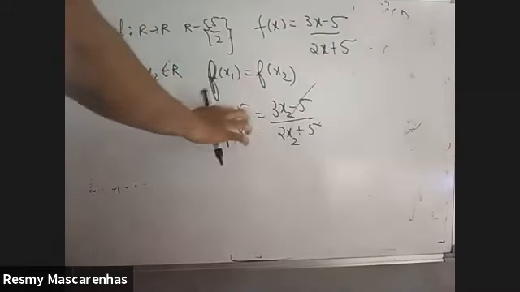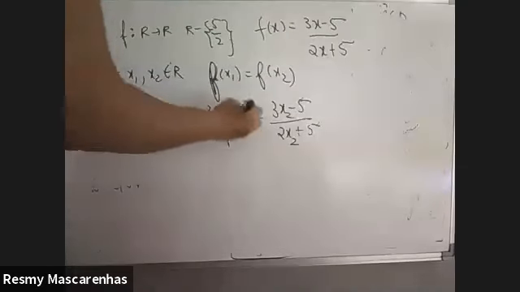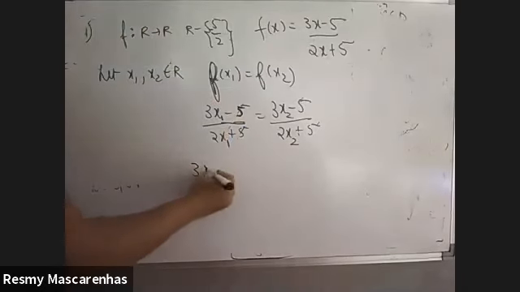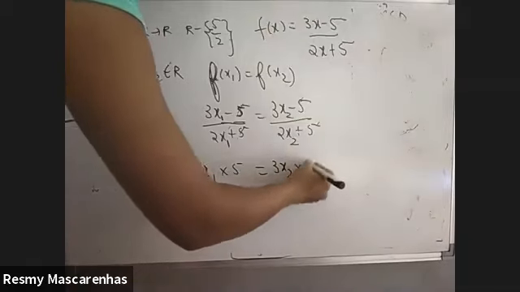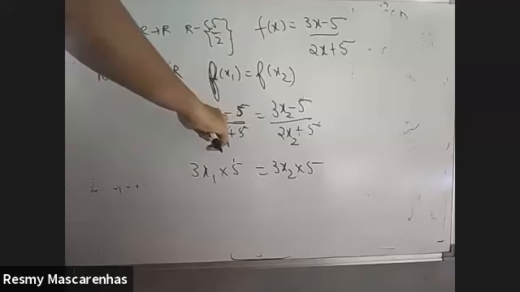First of all I want to make it clear that you cannot cancel 5 and 5 because there is a minus sign in the middle. Only if it is multiplication can you cancel on both sides, but this is minus.